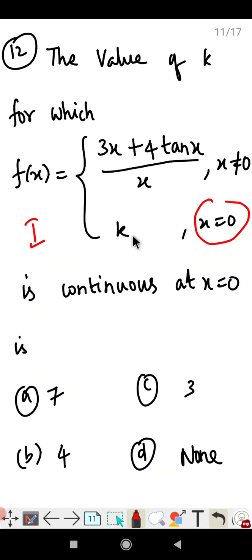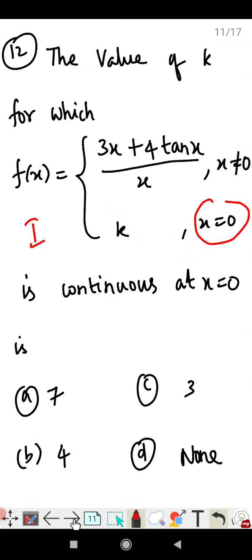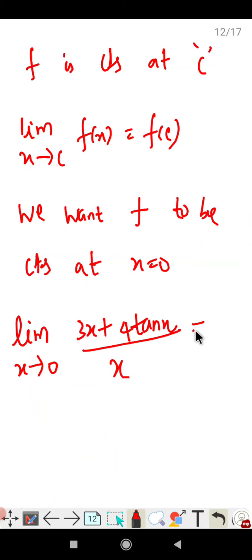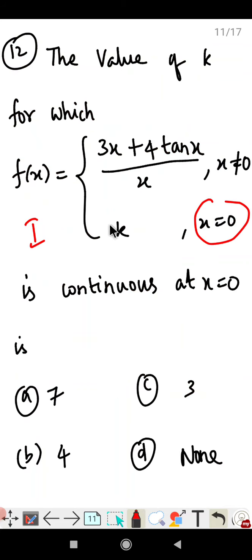This is the value: 3x plus 4 tan x divided by x, which should be equal to f of 0. What is f of 0? f of 0 is equal to k. According to this definition, it should be equal to f of c. We are talking about this 0, so it should equal f of 0, that is k.